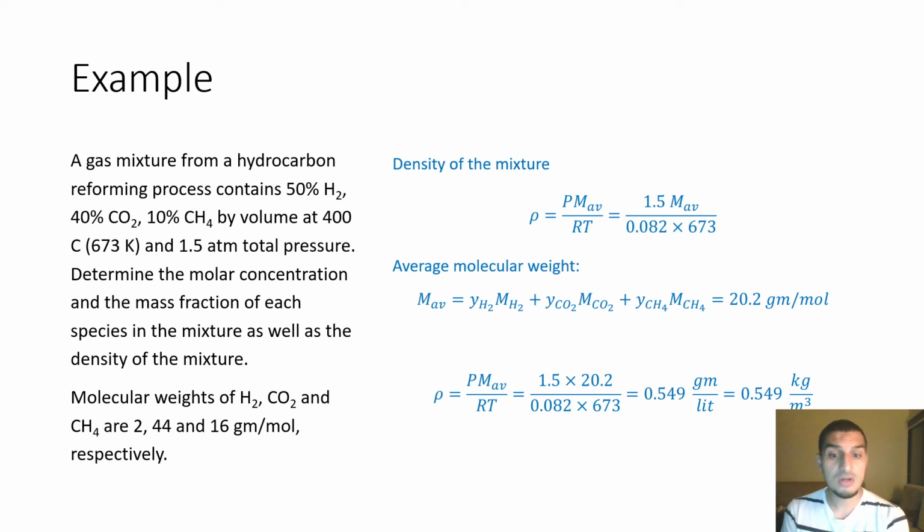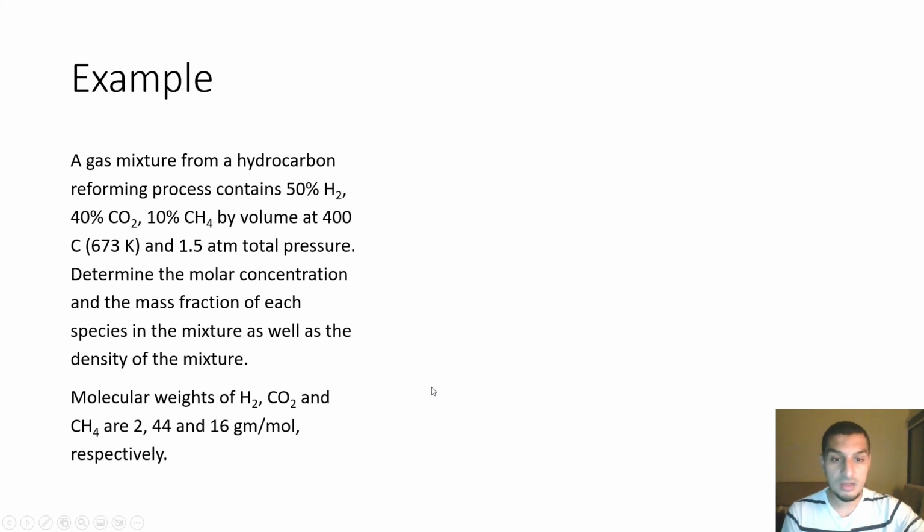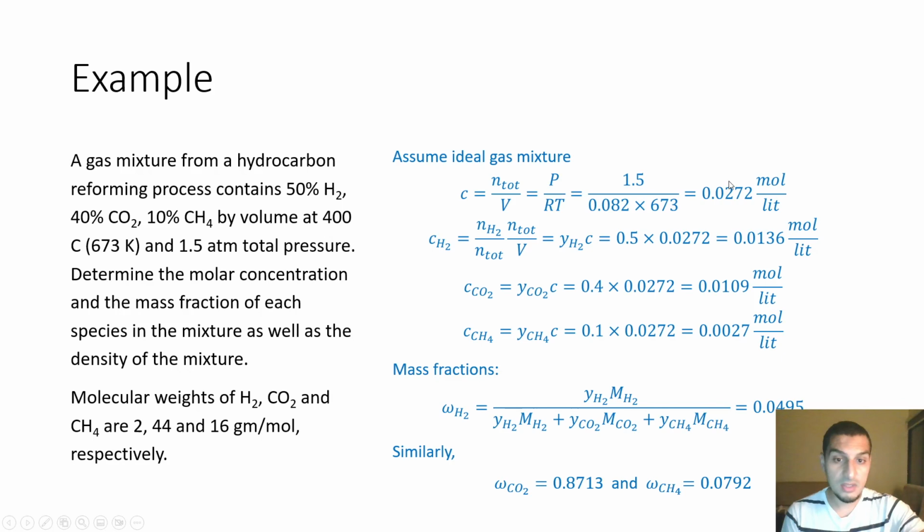There is one other option that we can do, which is a nice alternative, is to use the relation between the density and the molar concentration. So we know from before that the total concentration of the mixture is this.